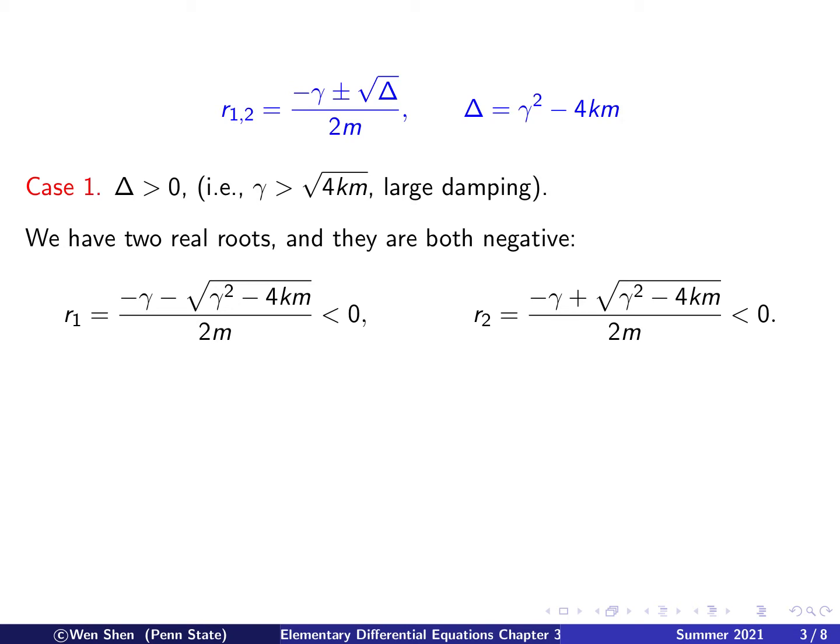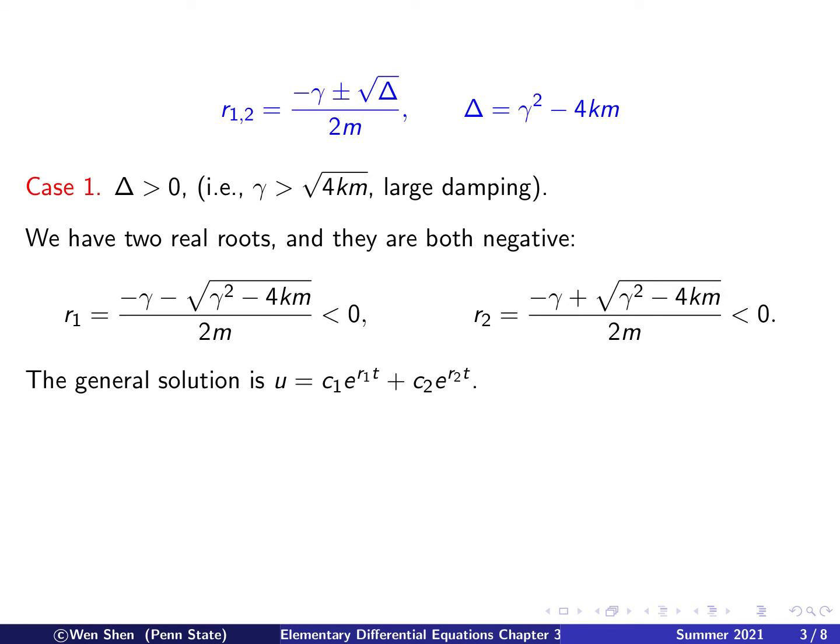So if you don't have this term 4km, then you take the root of this, you will just get gamma, and you get negative gamma plus gamma is 0. But now you subtract a non-zero amount 4km from the gamma squared. Therefore, the quantity here will be strictly less than gamma. And then negative gamma plus something less than gamma will be less than 0. So r2 is also strictly negative. So both roots are real and negative.